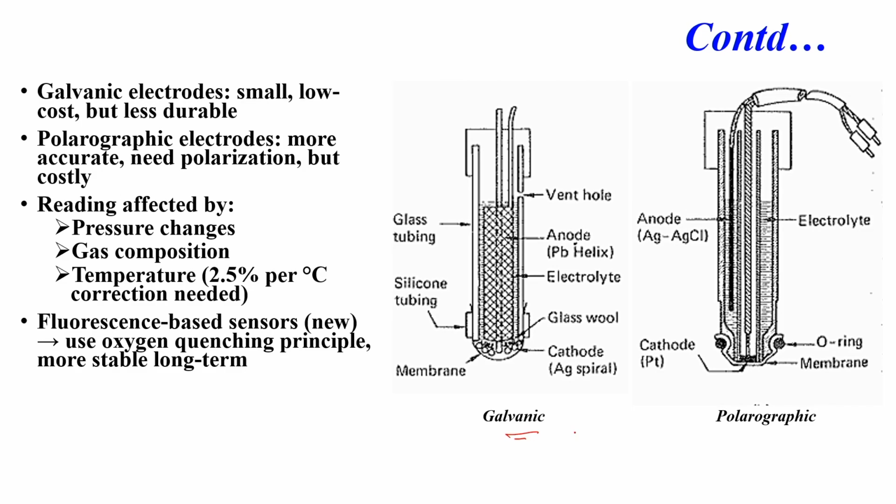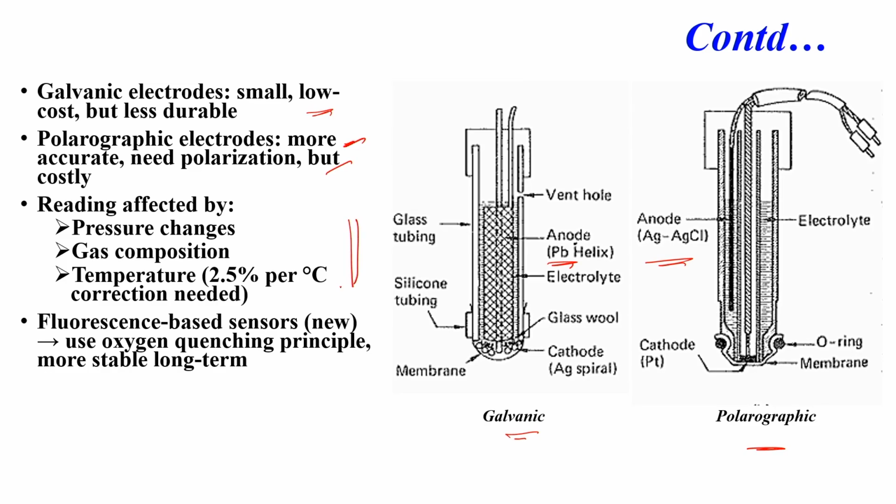So, you can just see the image here, this galvanic and polarographic. You can see this anode is AgCl, and here the anode is, you can say, the lead. So, galvanic electrodes are small and low cost. Polarographic electrodes are more accurate, but they need polarization, because they need a certain voltage.